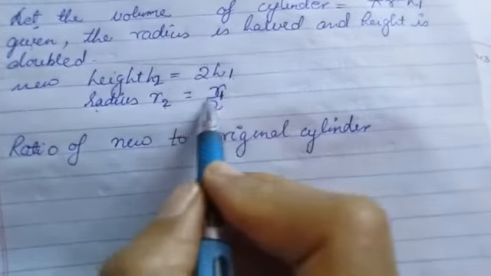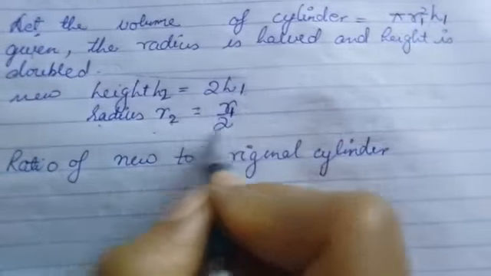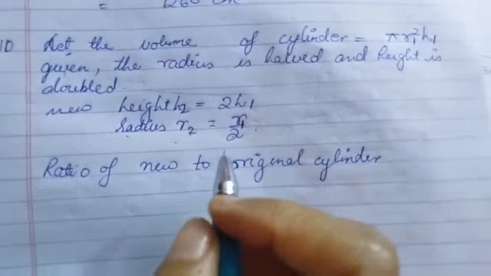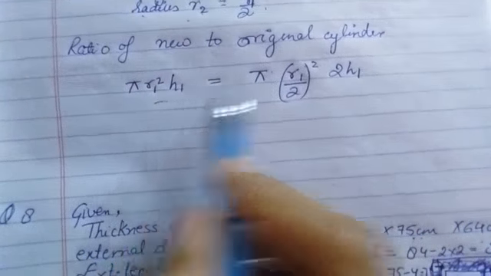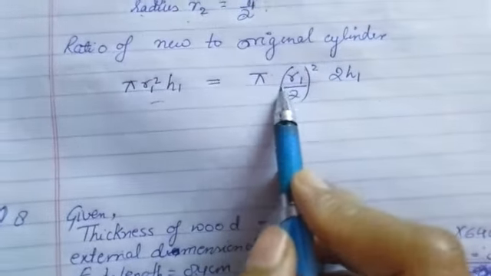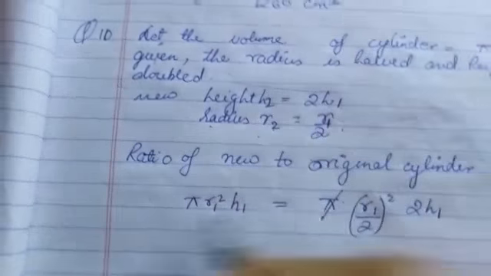Radius will be halved, so the previous radius was r1. The new radius will be r1 by 2. So the ratio of the new to the original cylinder is, ठीक है, पाई आर स्क्वायर h1 होना चाहिए था, यहाँ पे पाई आर स्क्वायर h2, बट हमने what I did, I kept the value directly.